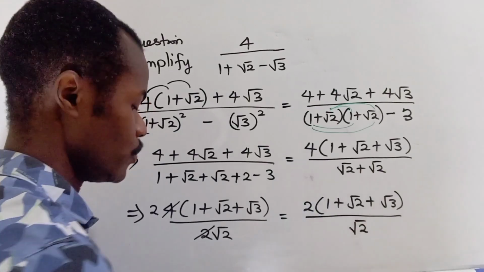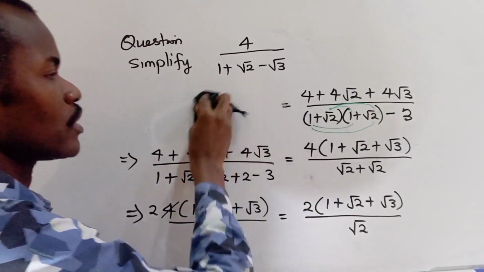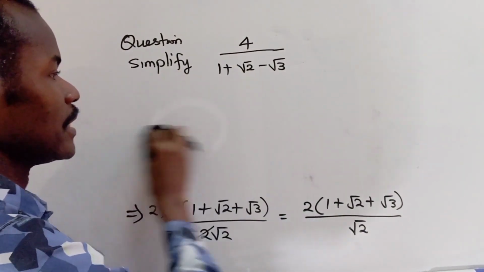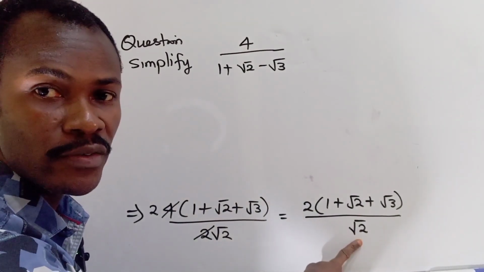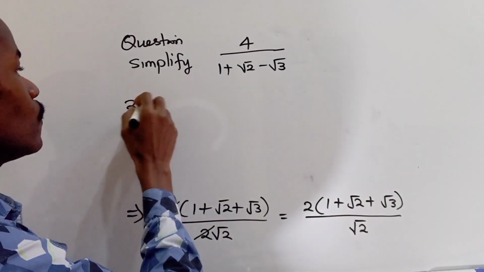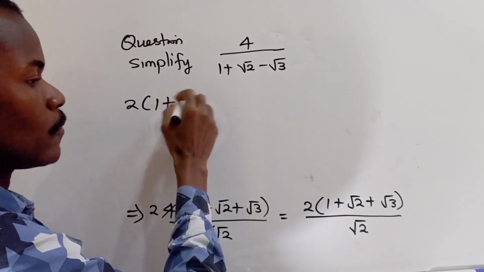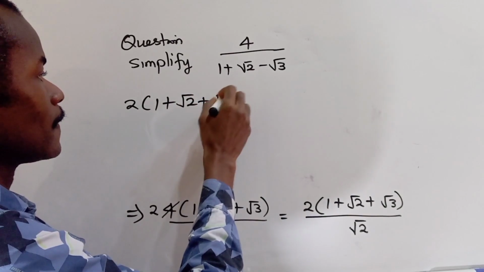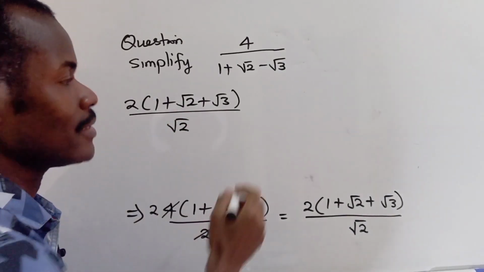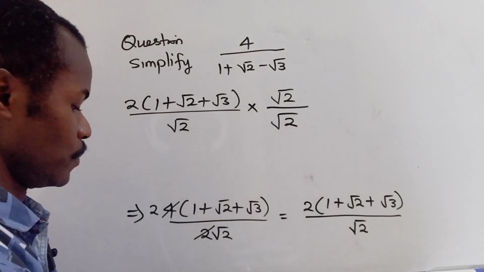Now from this, we can do one more rationalization, because I can observe that the denominator is still in surd form. So we are going to rationalize by saying we have 2 into 1 plus root 2 plus root 3, all divided by root 2. How do we rationalize this? We want to multiply by root 2 divided by root 2.